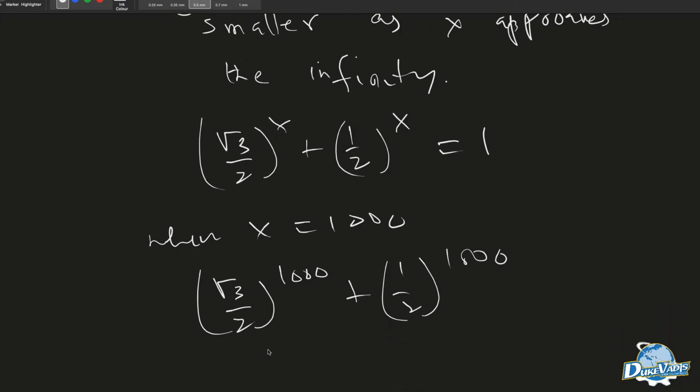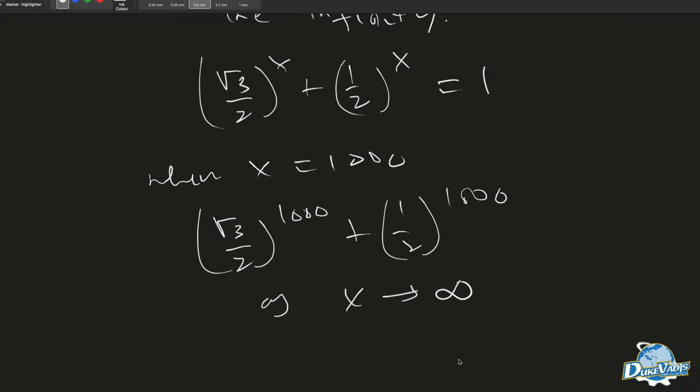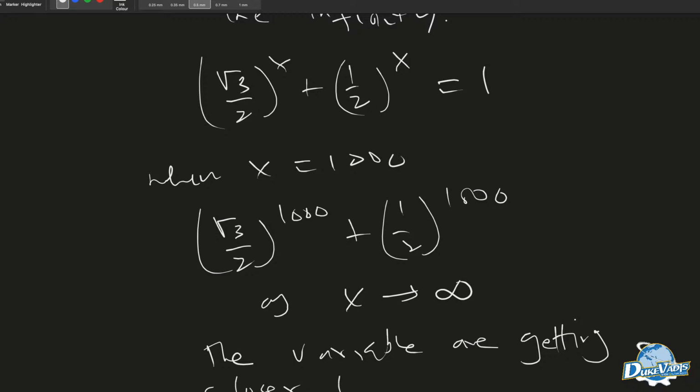So we say as x approaches infinity, the variables are getting closer to 0. Isn't that interesting?